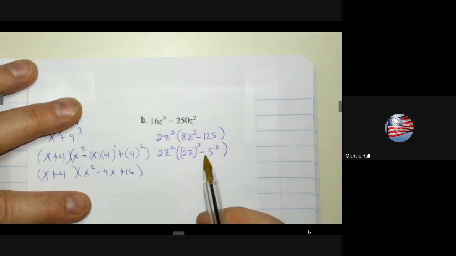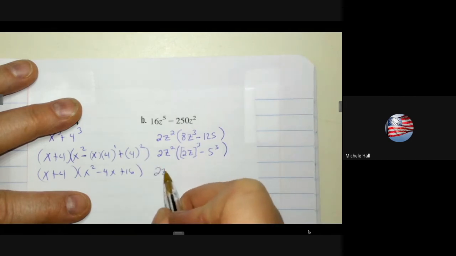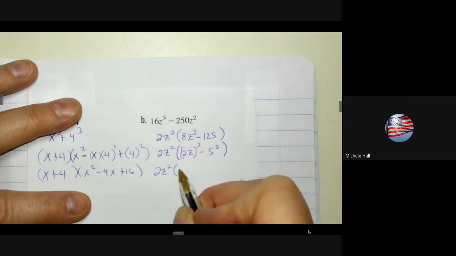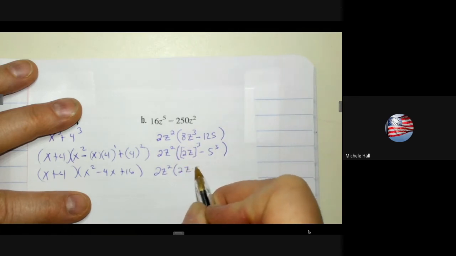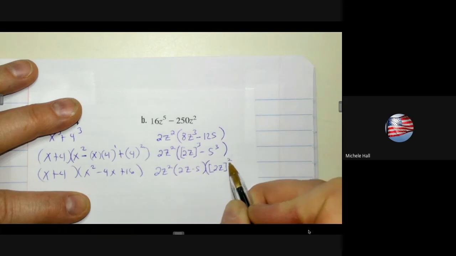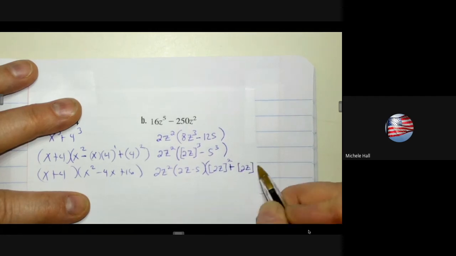All right, now I see my difference of cubes. 2z squared times, I take exactly what I see, 2z minus 5. And now I have 2 of the 2z's. It's a minus, so it's all plus. And we also have 1 more of the 2z. And we're going to multiply by the second term, 5, plus 5 squared.